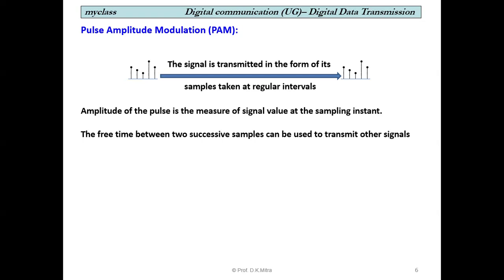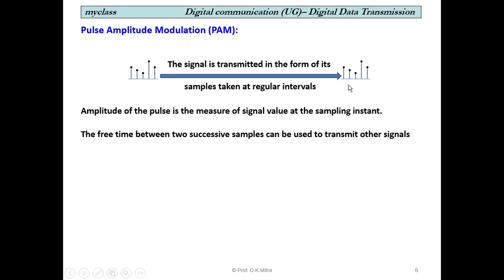Now we go to TDM or time division multiplexing of PAM. Look, when you do sampling, you do not measure the signal continuously. You measure the signal at certain intervals. Maybe microsecond, maybe second, millisecond, whatever it is, there is an interval.